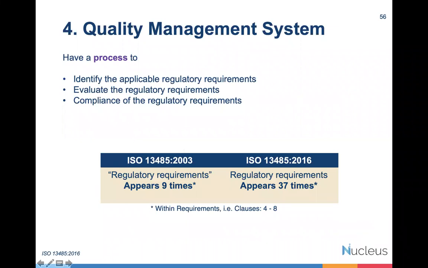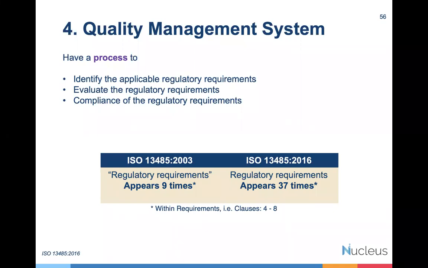And this is what I would like to emphasize. The phrase regulatory requirement appears 37 times in the standard. In the earlier version of 13485, it appeared 9 times, but this time it appears 37 times, in the requirements alone, clauses 4 to 8. So the whole intent of 13485 is to have a QMS for regulatory purposes.